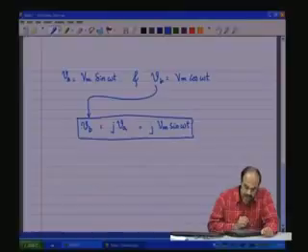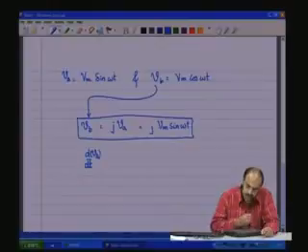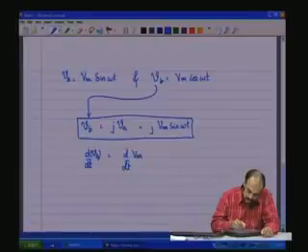Where will we come across such a thing? Now, let us say, for example, we have d by dt of VA, which is equal to d by dt Vm sin omega t.